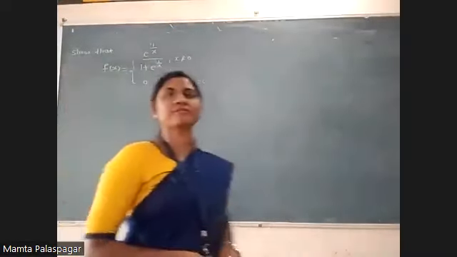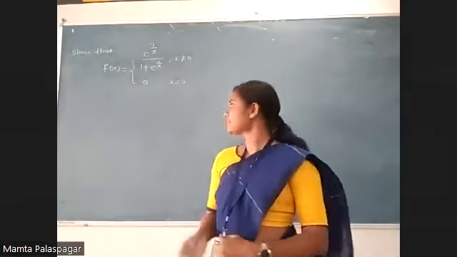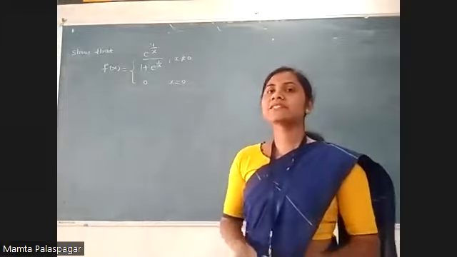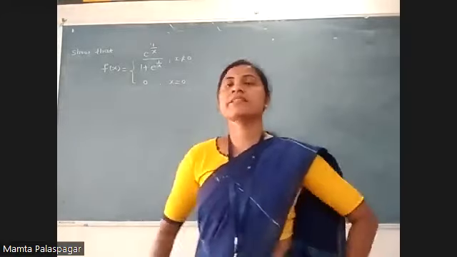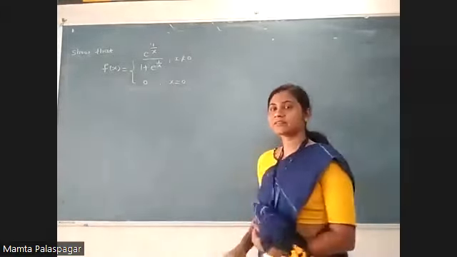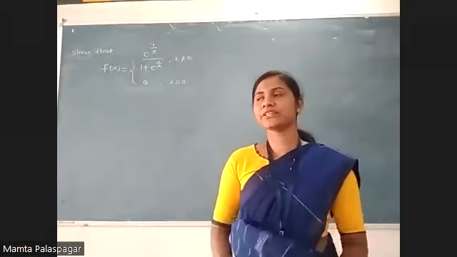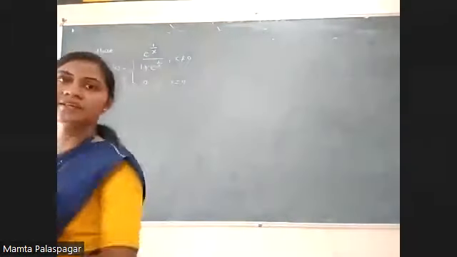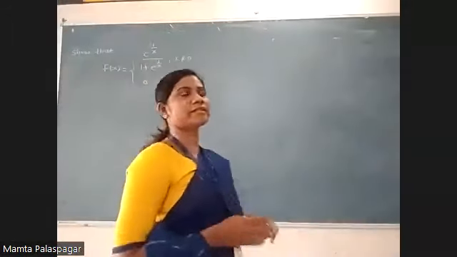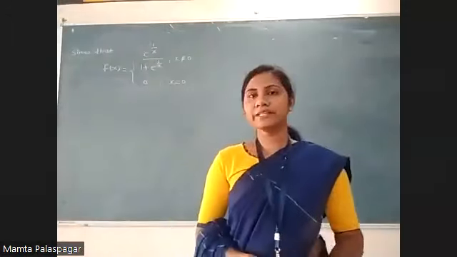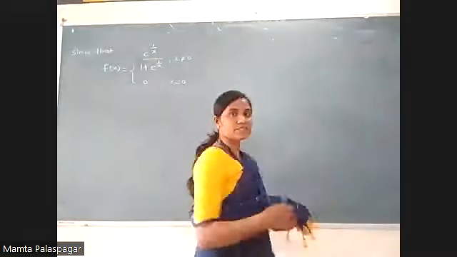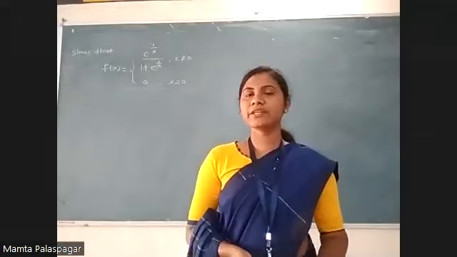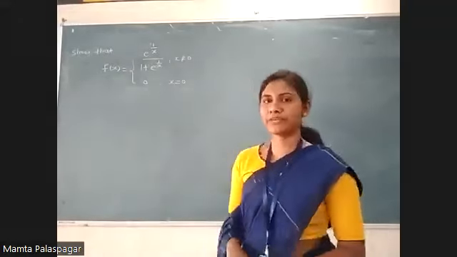Hello everyone. In this lecture, let's see the example based on the discontinuity. In the last lecture, we have seen that there are two kinds of discontinuities. The first one is called the type 1 discontinuity and the second one is called the second type of discontinuity. In type 1 discontinuity, we have simple discontinuity, and this simple discontinuity is also classified as the ordinary discontinuity and the removable discontinuity.